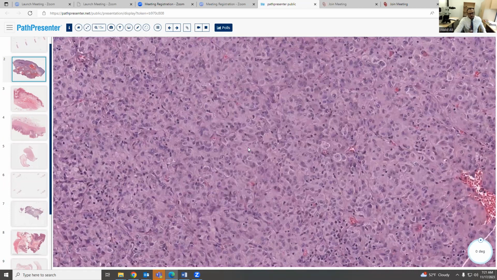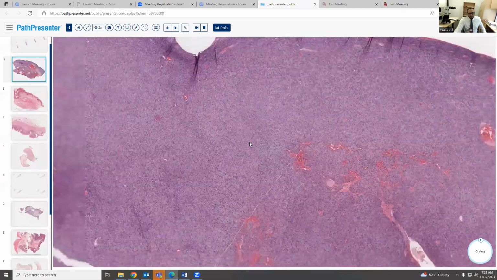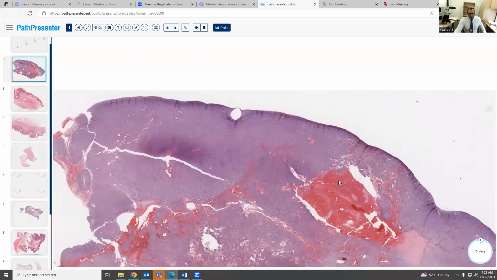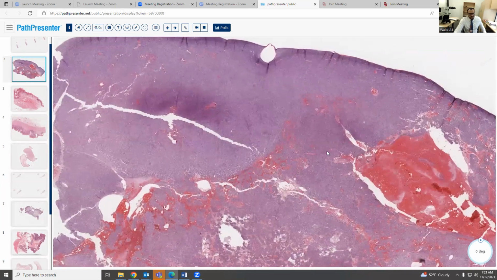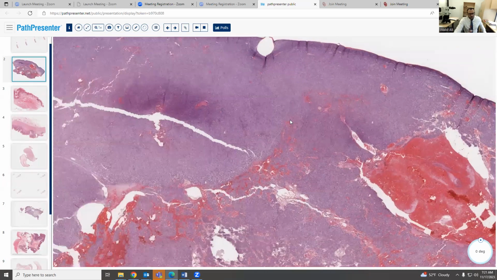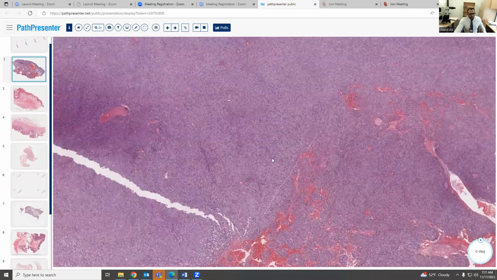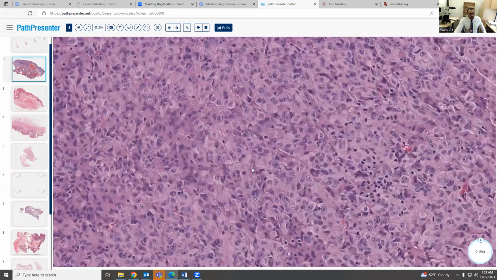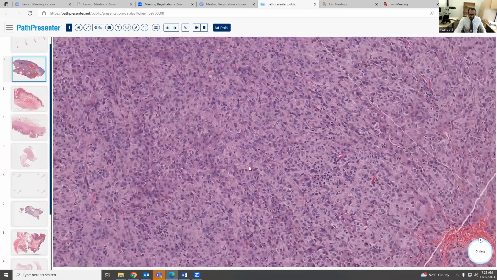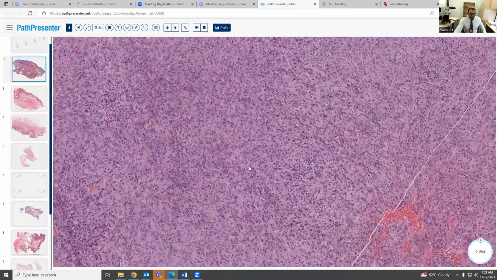Usually when there's a nodule, first we look at low power to see the nature of the nodule, if there's any infiltration, and how big it is. Then we go high power and try to characterize the cells. Is it spindly? Is it epithelioid?